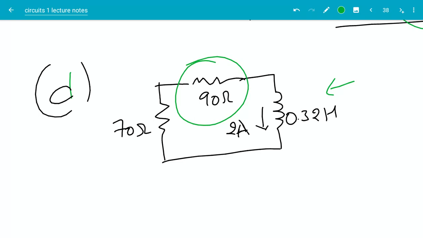Then you have to calculate the energy dissipated in the 90 ohms until 1 millisecond and look at what percentage of the total energy that is, right?